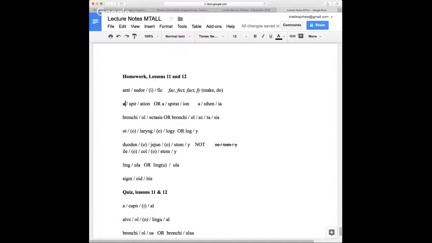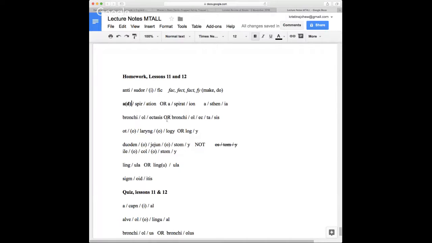In this case, ad is really a form of the prefix ad from Latin, meaning towards. And what happens is the D drops out. So you certainly don't need to indicate that D, but it is actually there. And also spare is a combining form or base that has two forms. It can be spare or sparat. So depending on which one you use, the suffix is ation or ion, and they're both correct.